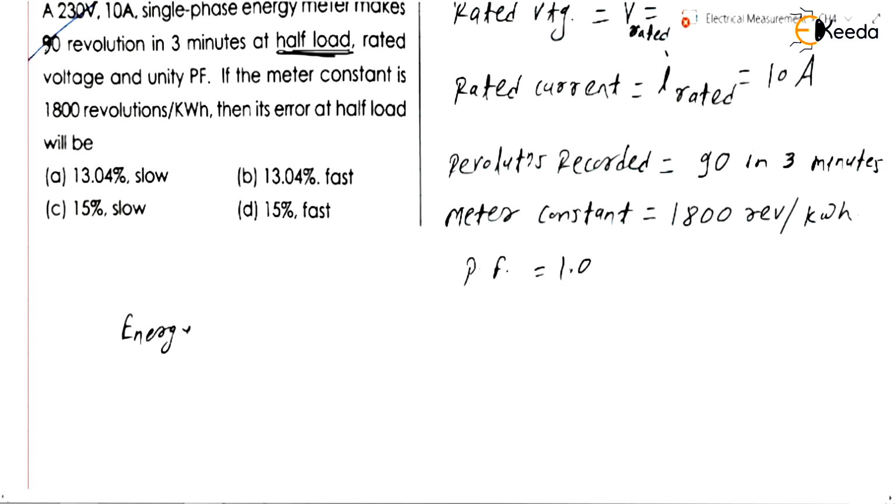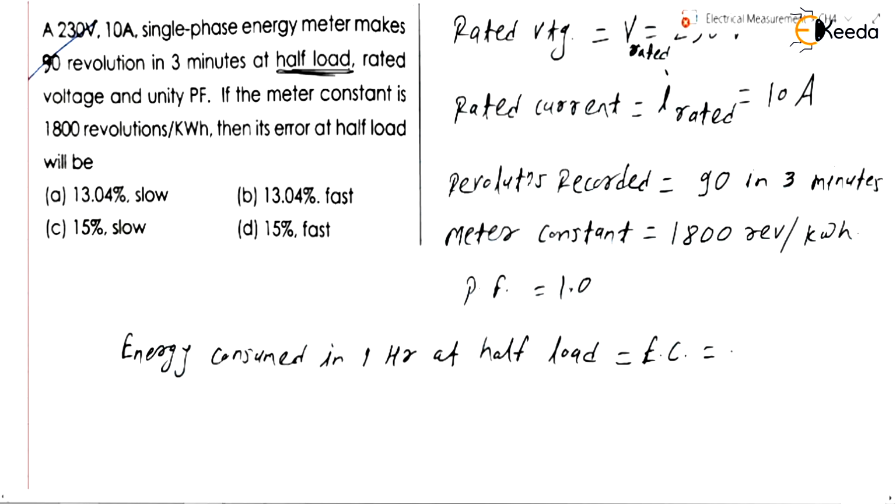Energy consumed in 1 hour at half load, let us write it as EC, is equal to the rated voltage, 230, into half load.